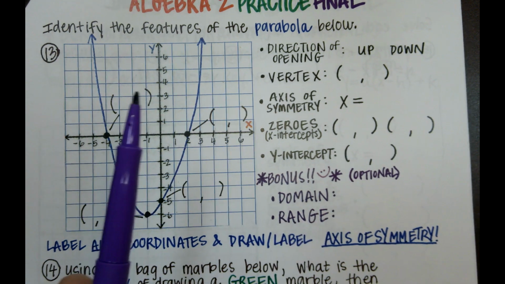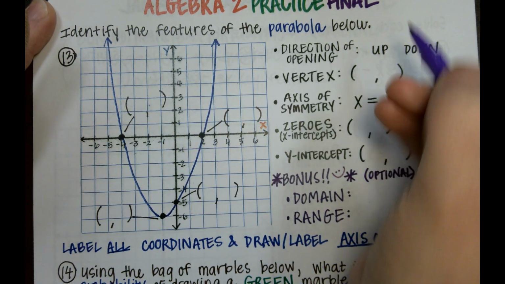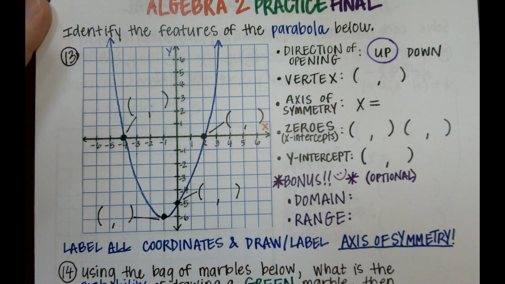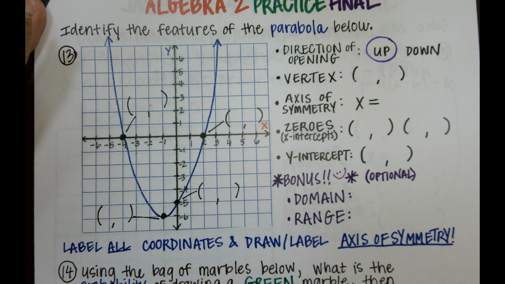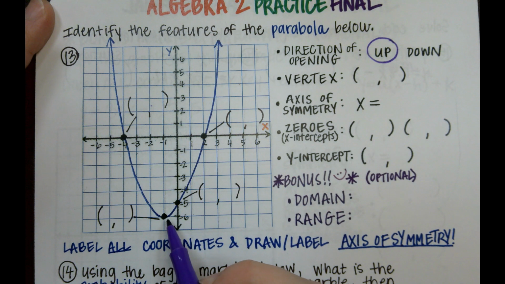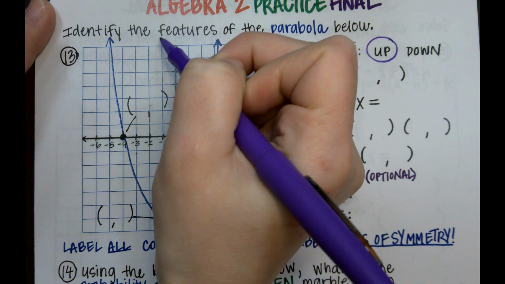So let's start by looking at the direction of our opening. Is it up or down? It's up. Circle up. Good. Now, what is our vertex? Bottom point. Yes, it's going to be that bottom middle point. The vertex is always the lowest point, or if it's facing down, the vertex will be the highest point.